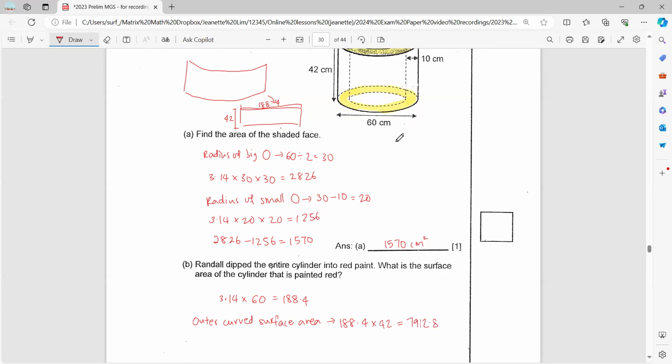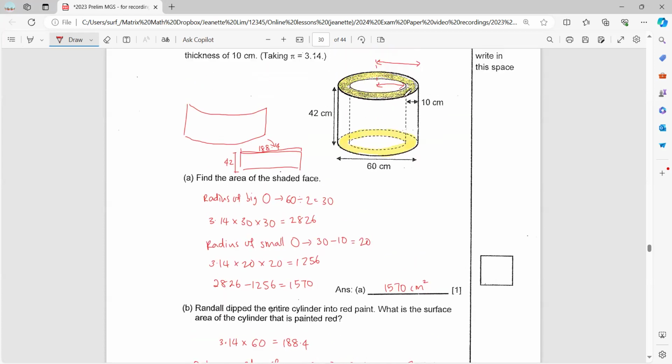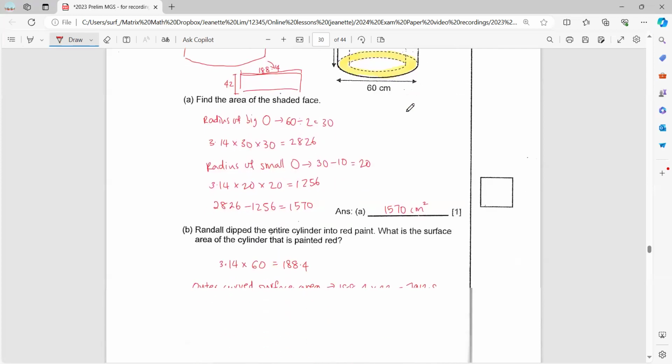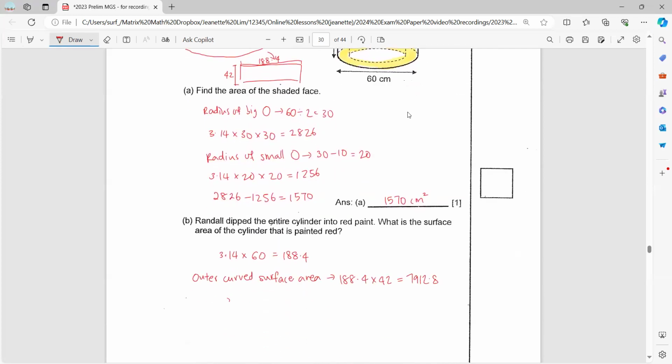Then for the inside, the diameter is 60 minus 10 minus 10, which is 40. So circumference is pi times 40, 125.6.